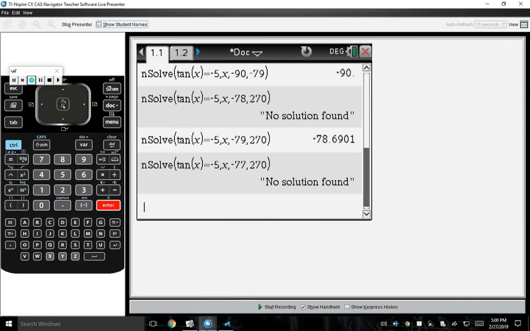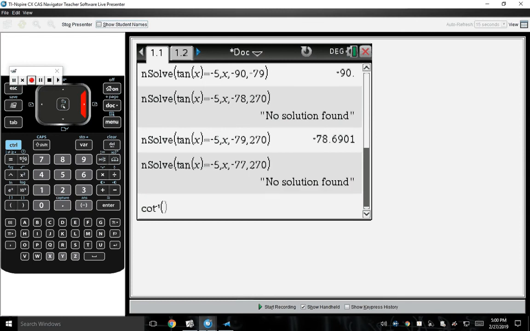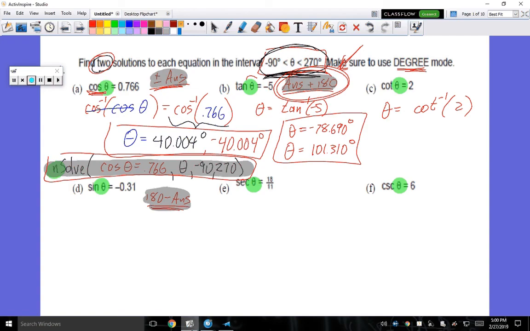Alright, so arc cotangent. Remember, we're going backwards to find that angle, and it's going to be 2 just as we see it. When I do control enter, I get 26.565. So 26.565 degrees is the answer to the first one.